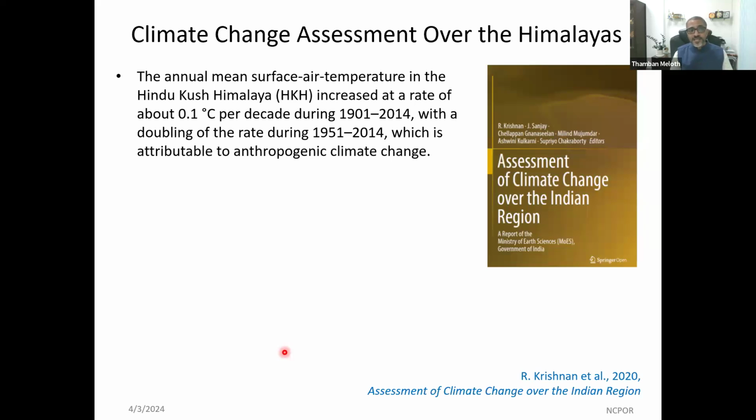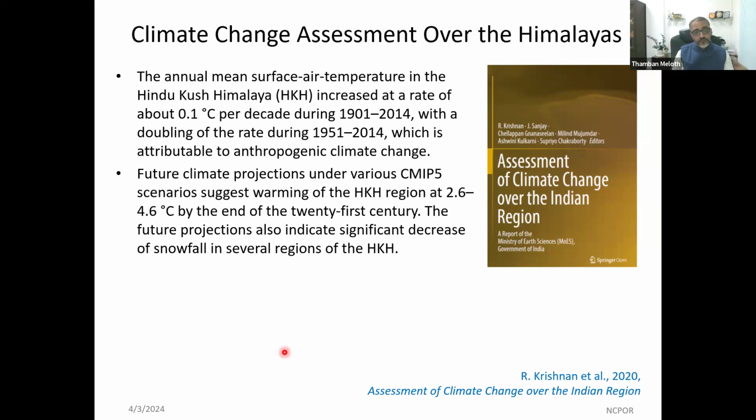But it has almost doubled during the last 50 years or so, which has been attributed to anthropogenic climate change. Even the future climate projections under various CMIP5 scenarios, the multimodel ensembles, clearly suggest warming of this Himalayan region by nearly 2.6 to 4.56 degrees Celsius by the end of the 21st century.